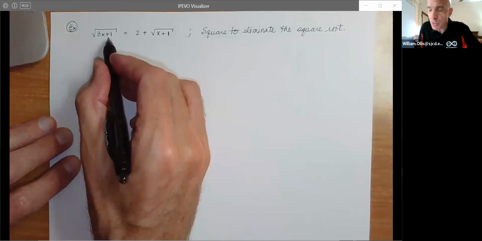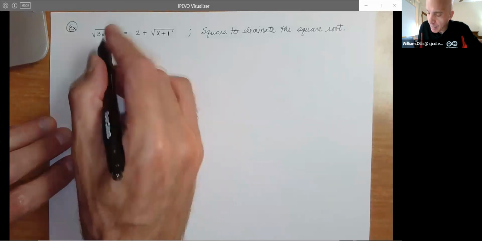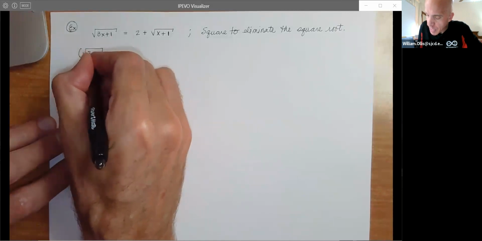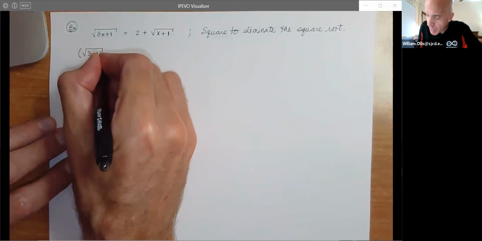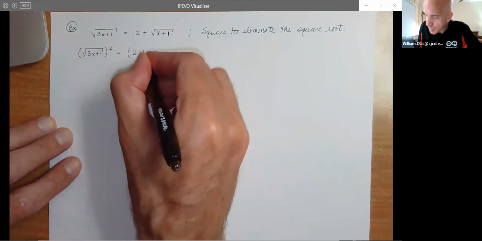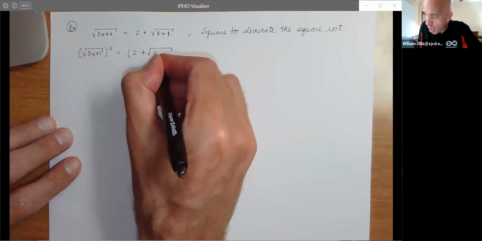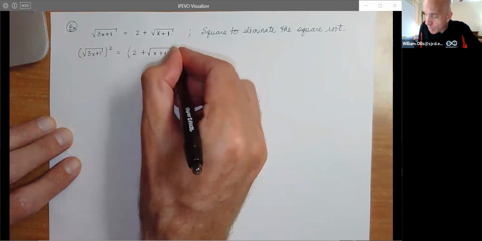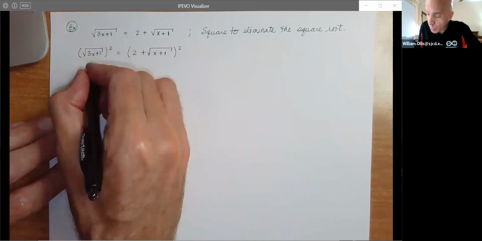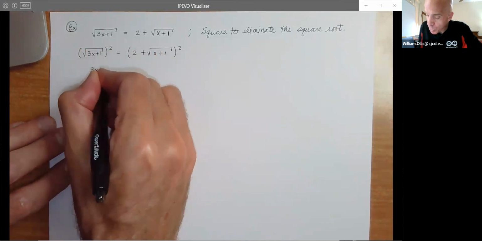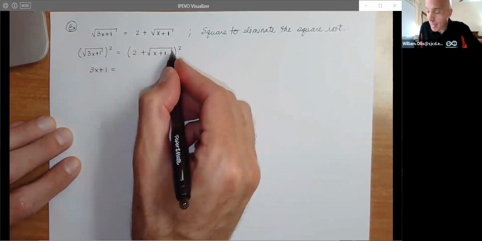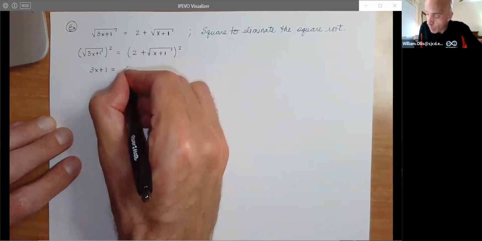So notice we have a square root here that's isolated, so we can go ahead and square. Now, you don't always have to write out the squaring process, but when you're reviewing, it's good to write down all of the steps. You can always leave out steps once your level of comfort increases. So when we square the square root, we eliminate the radical, so to speak. And now we get to use our binomial identity. We square 2, we get a 4.